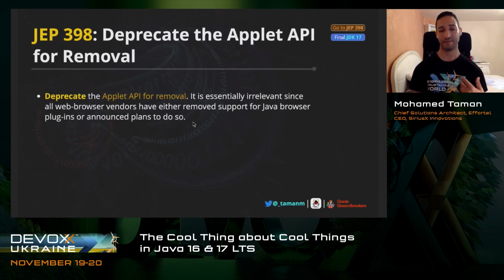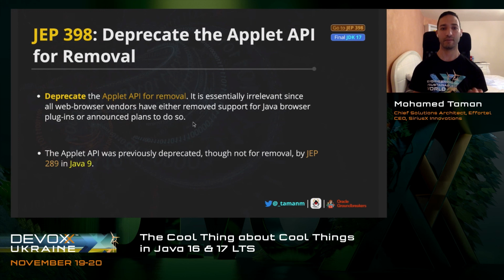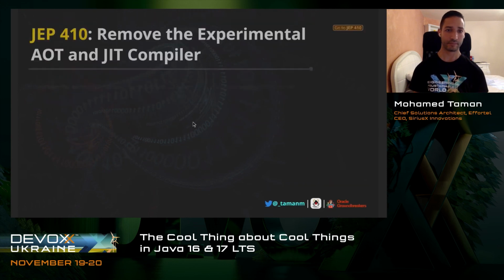We have deprecated, finally for removal, because it was deprecated, the applet. There is no applet anymore, and now it's going to be removed because there are no other browsers supporting it anymore.